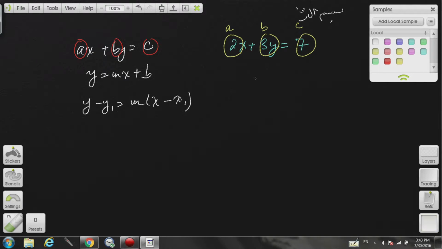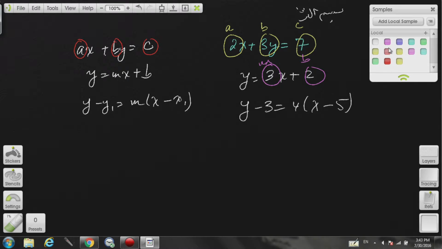And if you're given an equation in the slope-intercept form, then the slope is 3, and the y-intercept is that. And if you're given an equation in point-slope form, the point that's given to you is that ordered pair. Specifically, it's going to be (5, 3), and the slope is going to be 4.